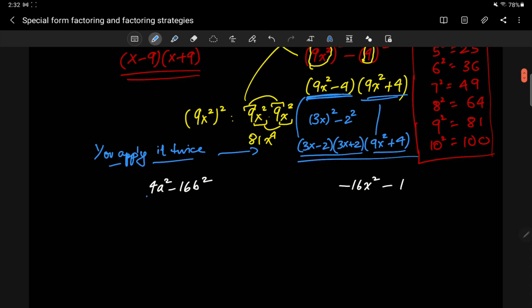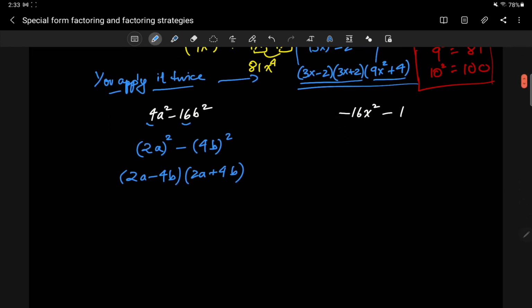Same way here, 4 and 16 from the list are 2 squared and 4 squared respectively. So this would come out to 2a minus 4b, 2a plus 4b. Here too, you might take an alternate route and first do a GCD.